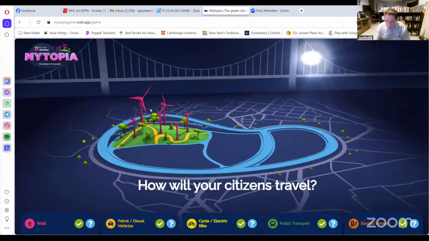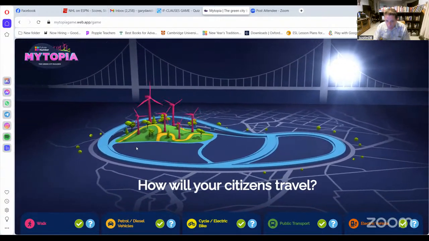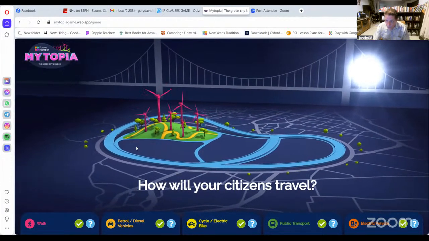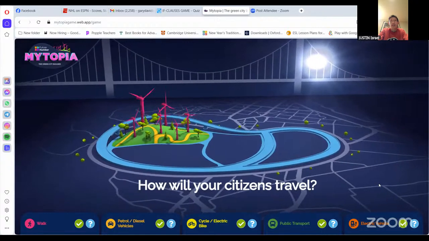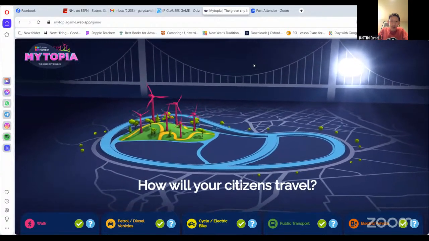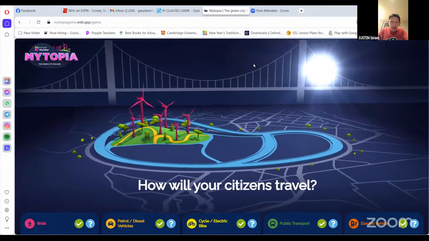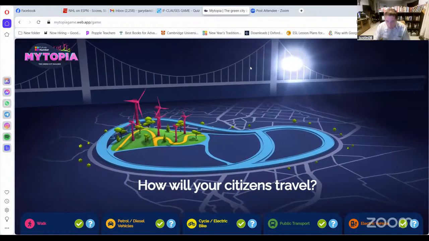Now, Justin, if you use wind energy, what does that mean? What does that mean for the city? It means the city will use the wind to power the electricity, to power all kinds of things in the city. Okay.